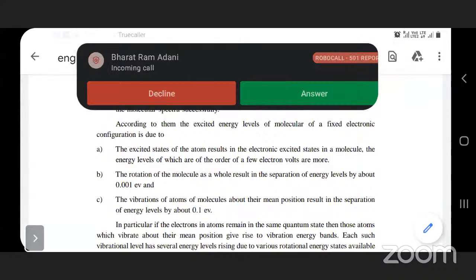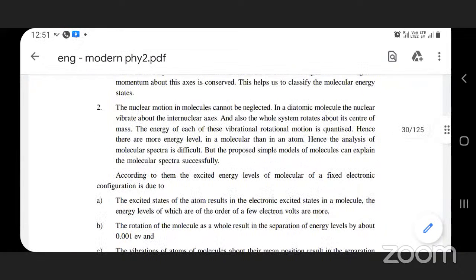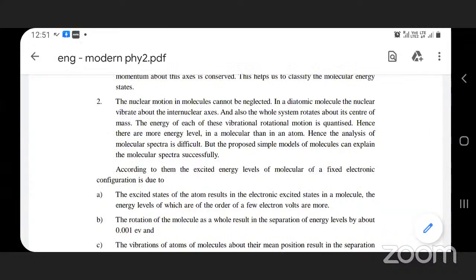The nuclear motion of molecules cannot be neglected for a diatomic molecule. Whenever energy is incident upon it and the atom absorbs it, the electron may vibrate, rotate or translate, but the entire system energy remains constant.